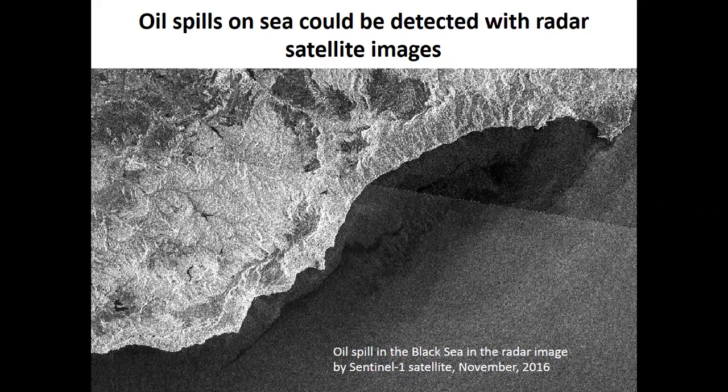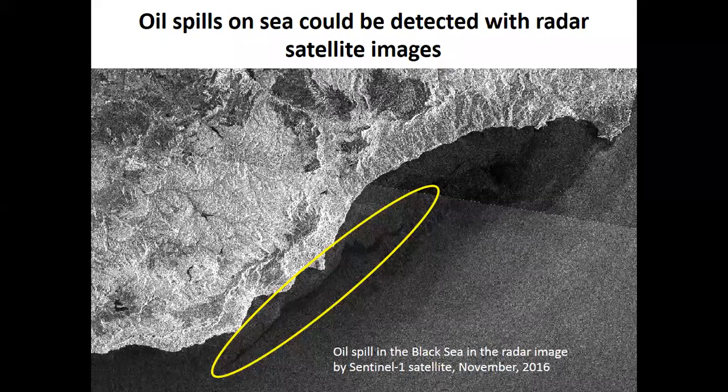And the radio waves of certain lengths are sensitive to those shapes, and this is why, for example, these oil spills on the Black Sea in November 2016 could be detected with radar images.